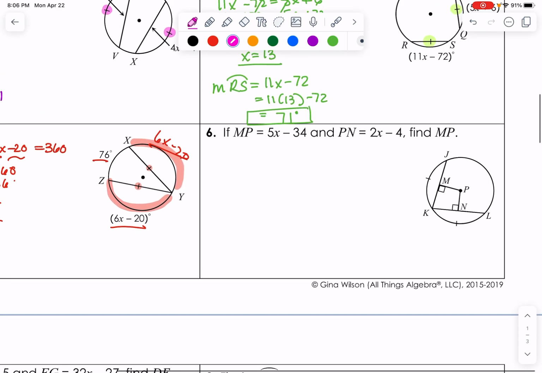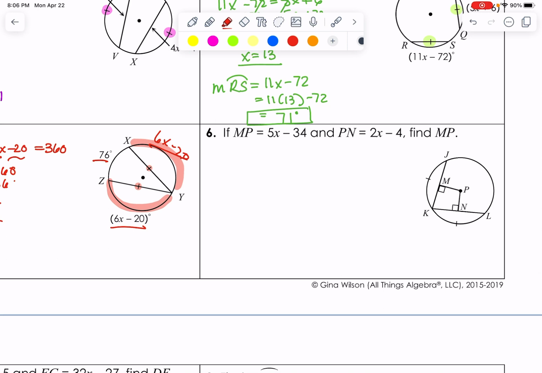So I know that these two chords are congruent, which means my arcs are congruent, which means my chords are congruent.